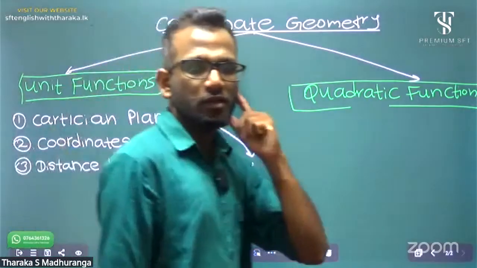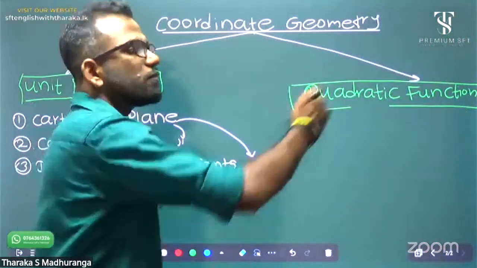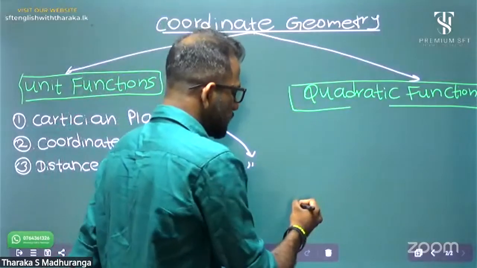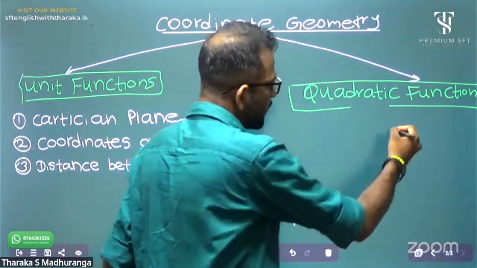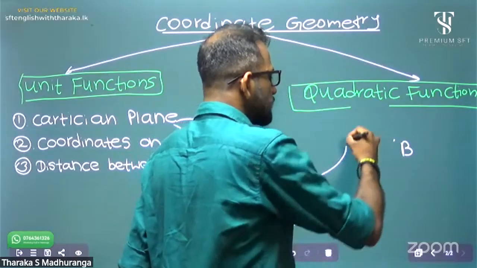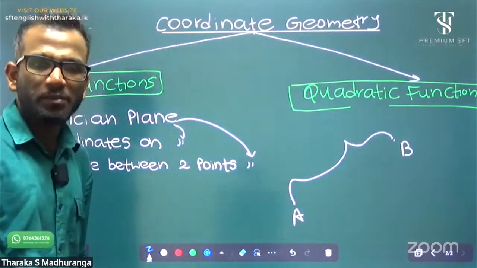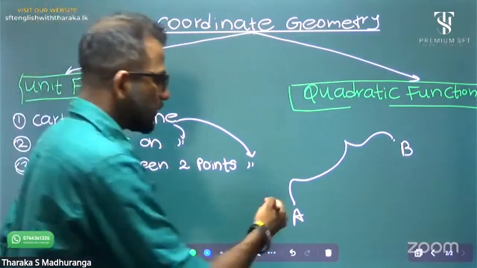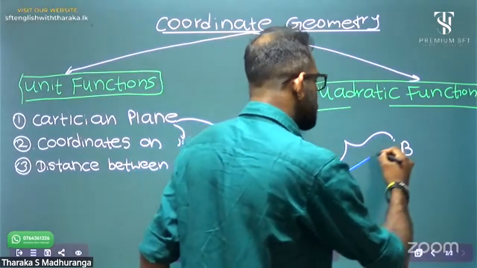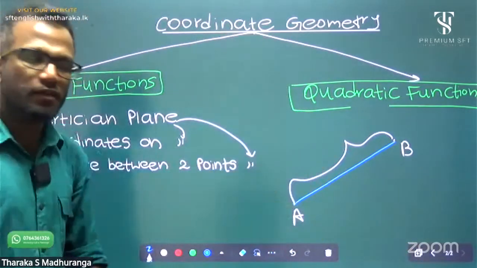The actual meaning is the length of a straight line. If you have points A and B, the distance between A and B means the length of this straight line AB. In the lesson I will explain.